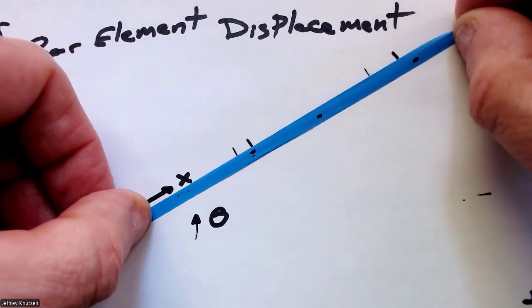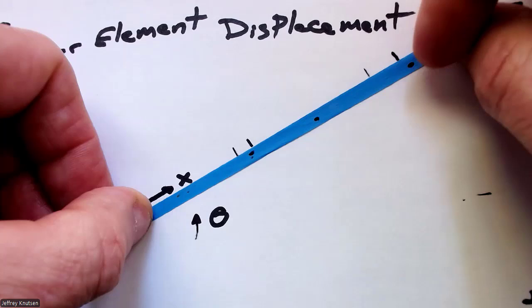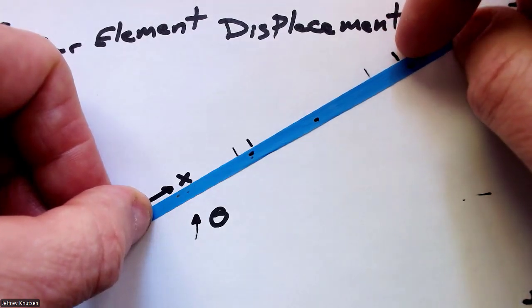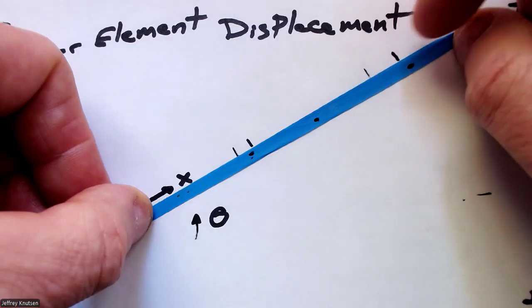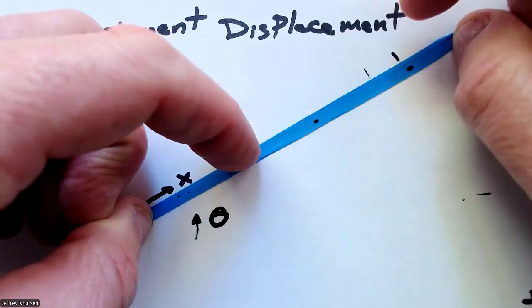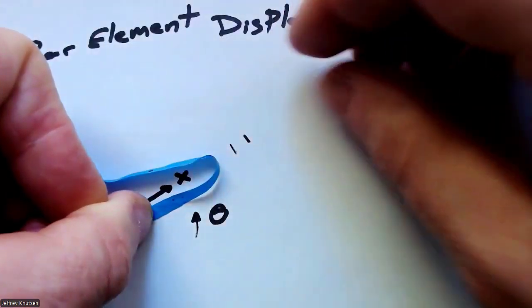So take a look at that as I move further along the bar element. This dot here is displaced further. I didn't get that mark position correctly because I didn't have it in place, but you get the gist of it. The dot here is displaced more than the dot at that location. In fact, at my left finger, the displacement is actually 0.